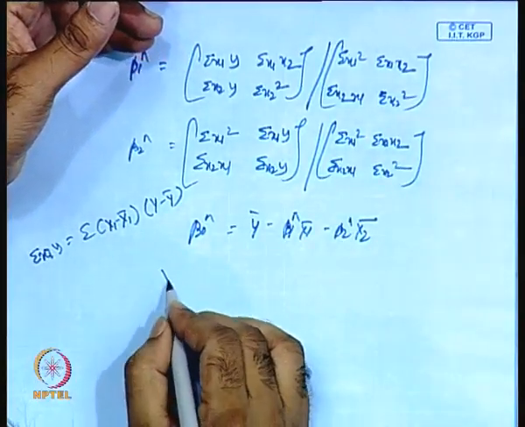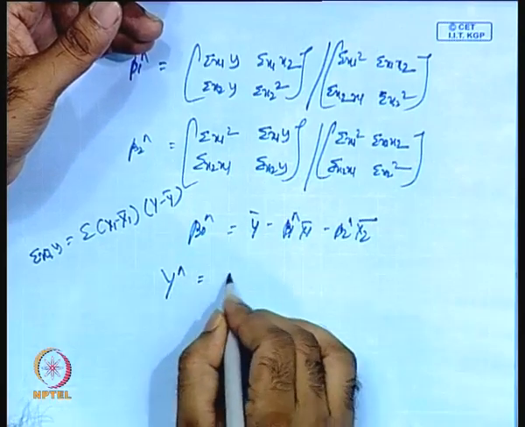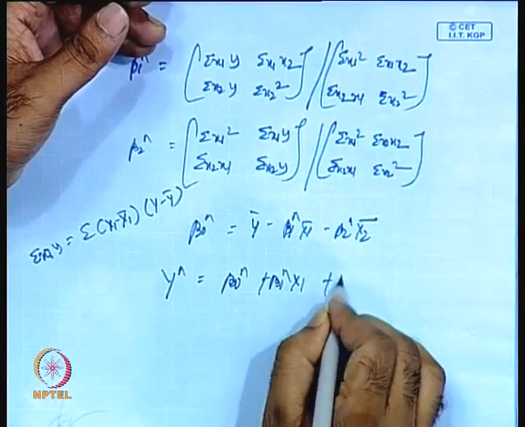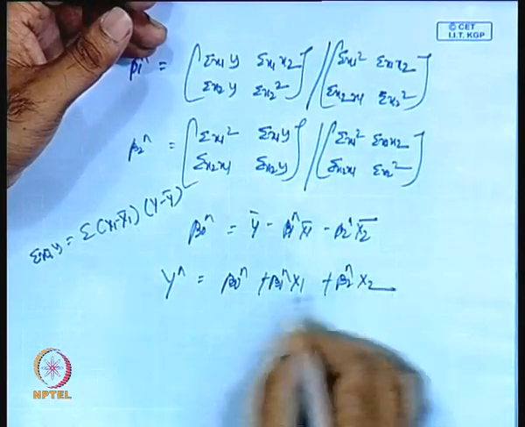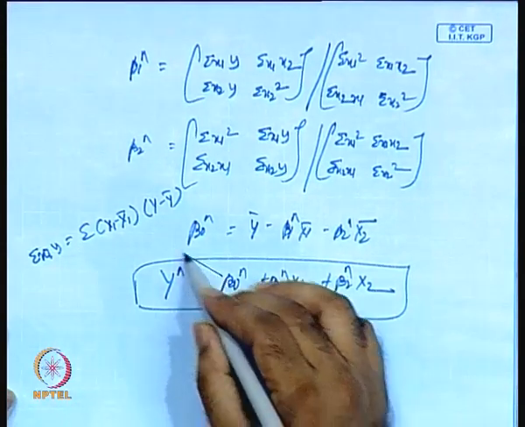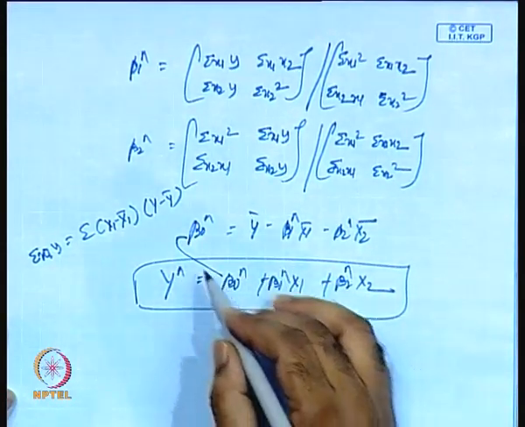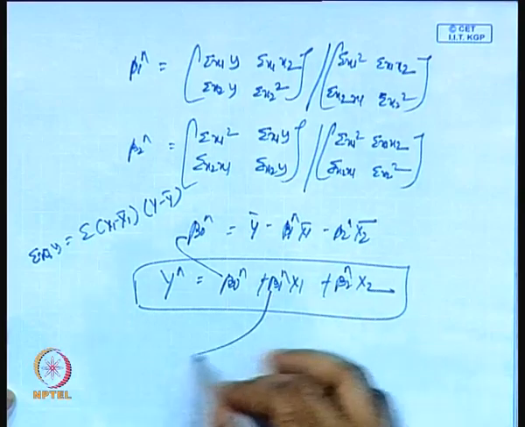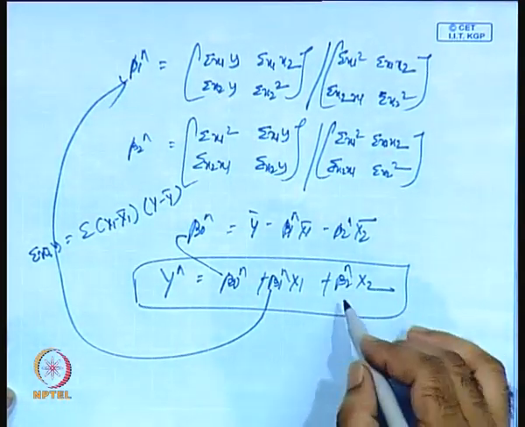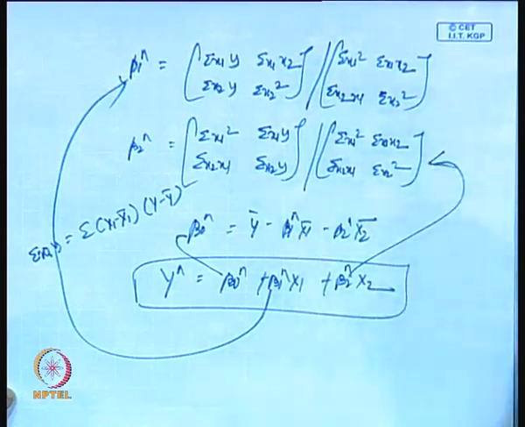As in the usual bivariate structures, the moment you get the estimated model, it looks like this: y hat equals beta 0 hat plus beta 1 hat x1 plus beta 2 hat x2. So this is our estimated model, where beta 0 hat follows this equation, beta 1 hat follows this matrix, and beta 2 hat follows this particular matrix.